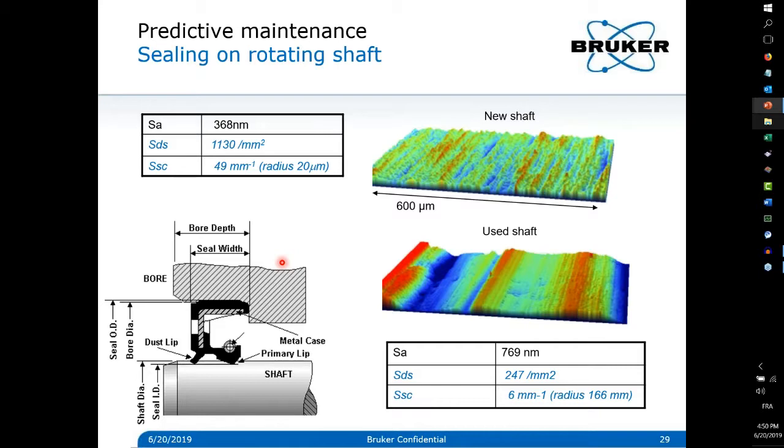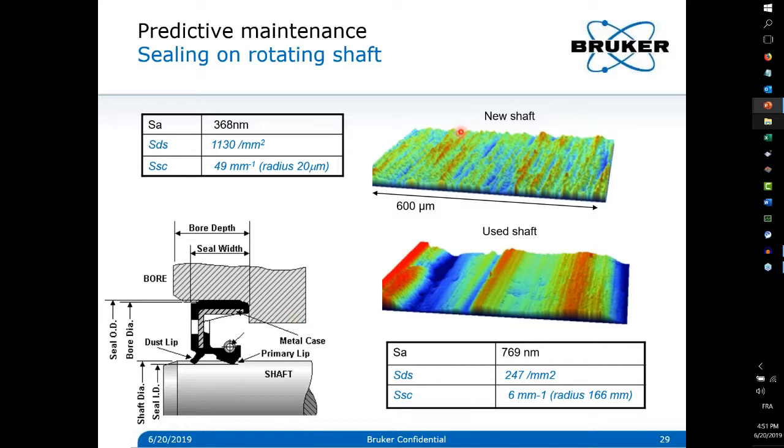The last one is really about predictive maintenance for rotating shafts. Whenever you have a sealing and rotating shaft, again, we want proper sliding conditions for these elastomeric lips, and we don't want any leak of oil. So in that case, we use parameters based on peaks to determine the density of peaks, as well as the inverse radius of these peaks.